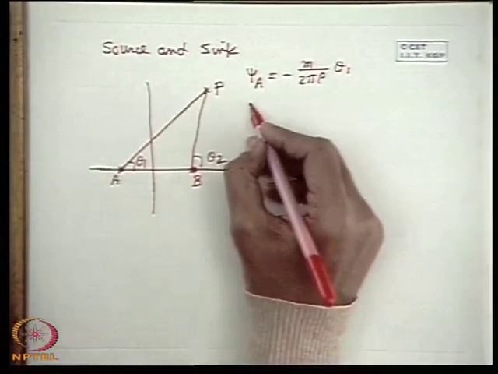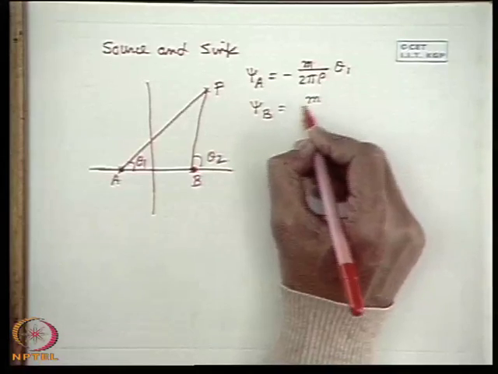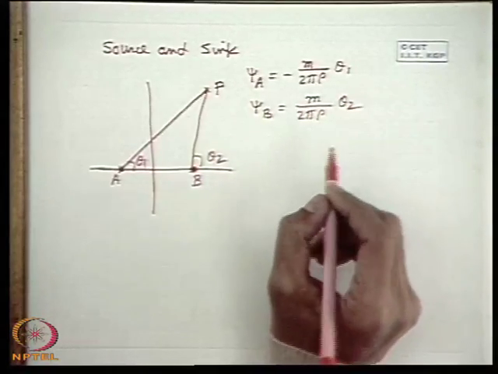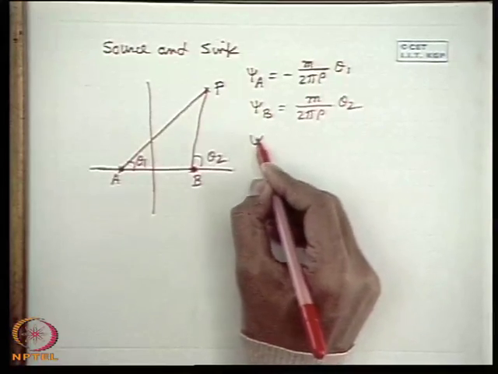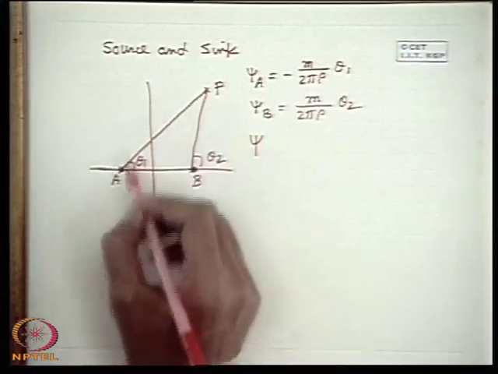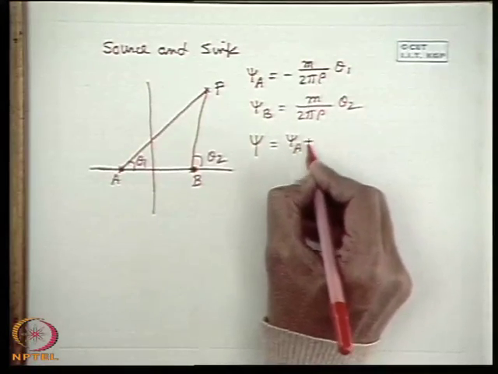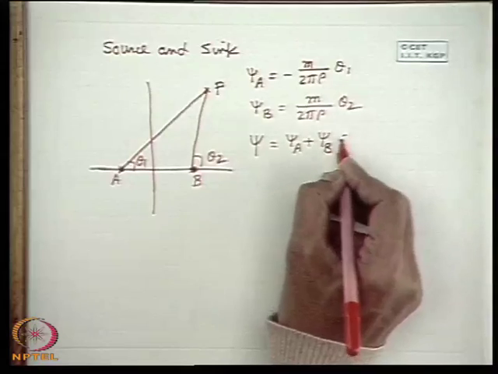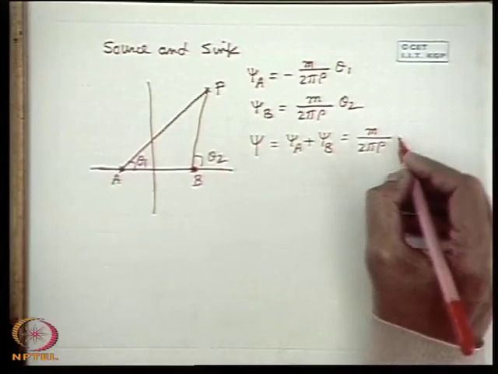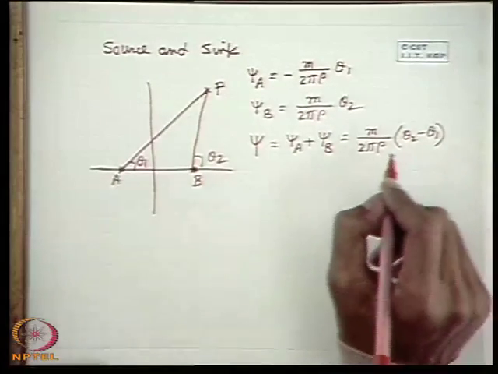For the sink at B, psi B is the negative of that, so it will be m by twice pi rho theta 2. Therefore, the psi function for the resulting flow, due to the combination of the source and sink, will be psi A plus psi B, which can be written as m by 2 pi rho into theta 2 minus theta 1.